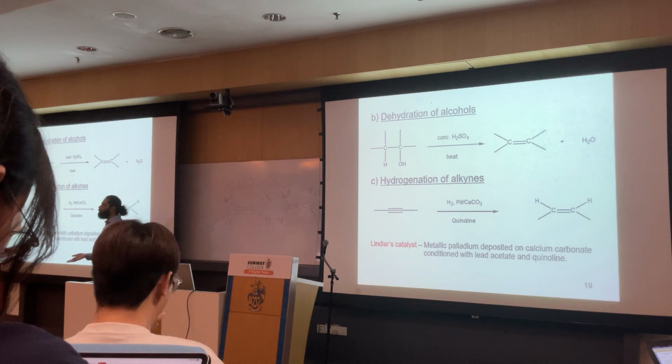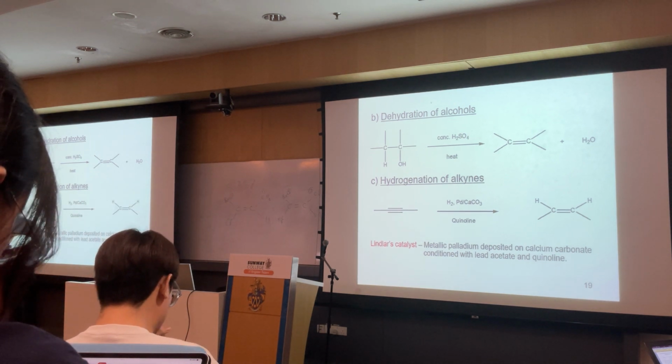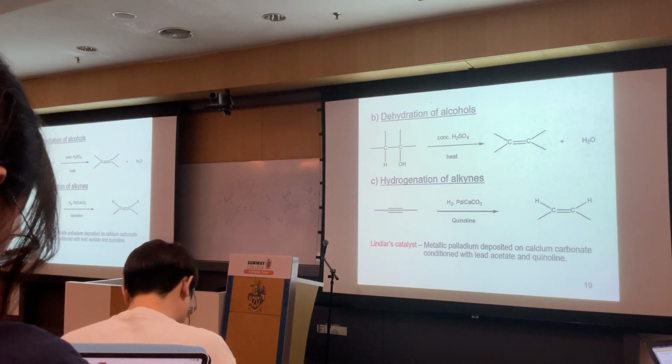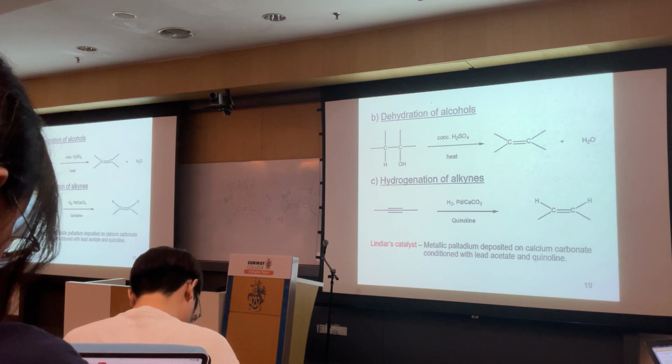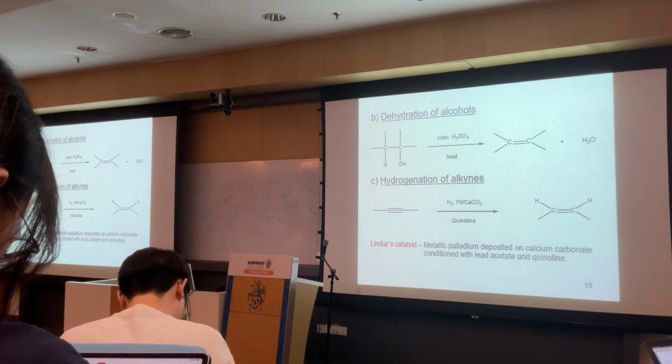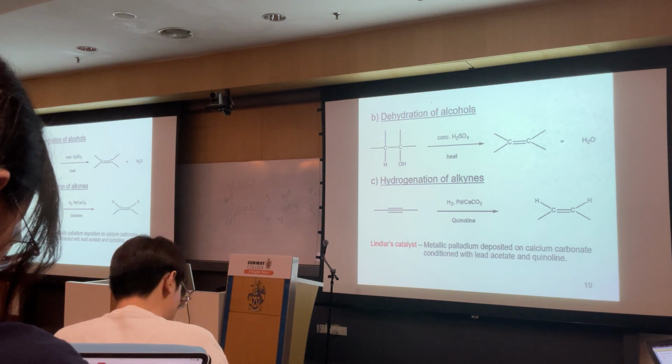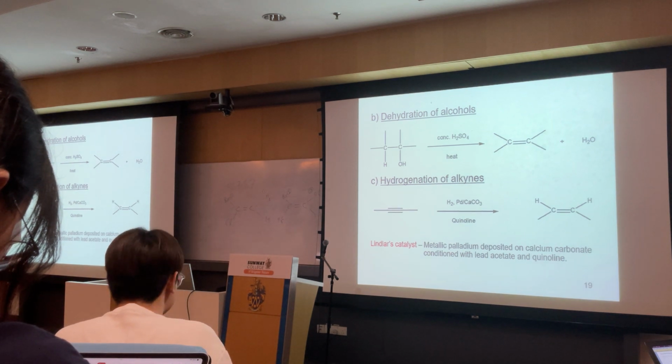Another example by which we can make alkene is dehydration of alcohols. So this is again another example of elimination reaction. As the name suggests, dehydration would mean removal of water. Hydra, these kinds of things are from water. And then D, if it's written in any reaction's name, it would mean the removal. So dehydration means removal of water.